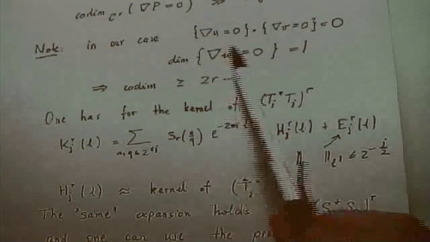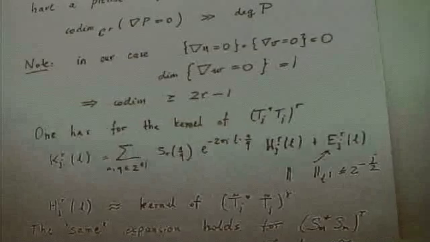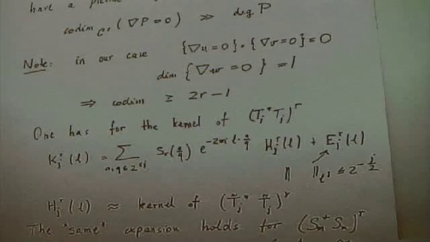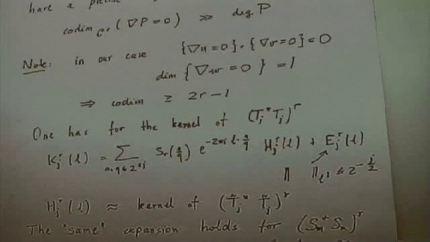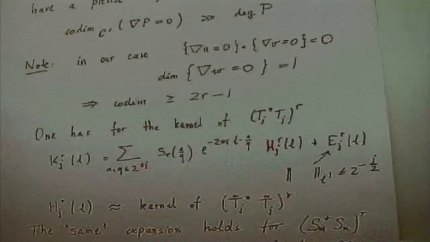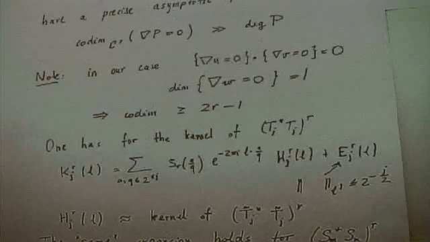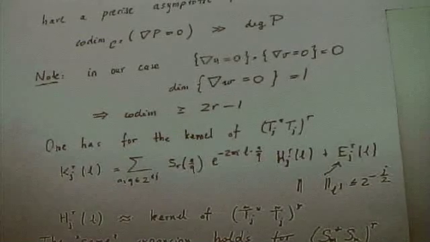So for these 2 polynomials, it's obvious that the gradient only vanishes at 0. The third one, which is a little bit more convoluted, requires a little bit of work, but basically the dimension is 1. So for all of these polynomials, the codimension is at least 2r minus 1, which we can make as large as we want if we take r large enough.